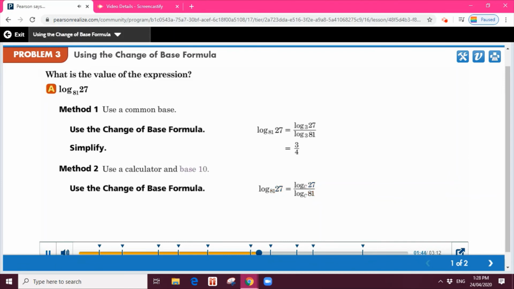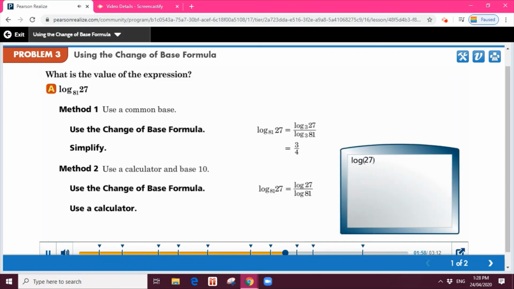Since the logarithms are base 10, the base does not need to be shown. Now use a calculator to simplify. Using method 2, the result is the same as in method 1, 3/4 or 75/100.